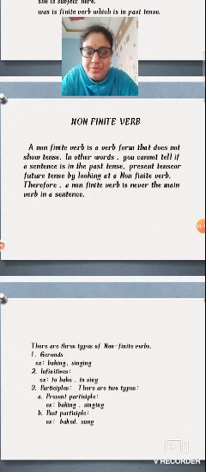You can't tell whether the sentence is in the present, past, or future tense by looking at the non-finite verb. Therefore, a non-finite verb is never the main verb in a sentence.